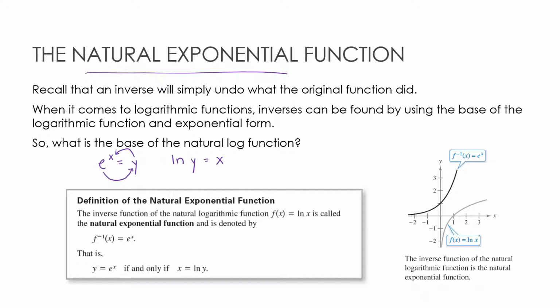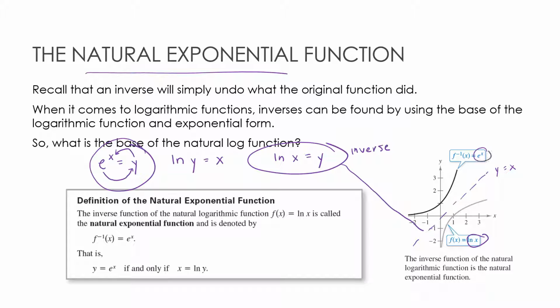Now we also know, if we're looking at an inverse, then we are going to simply replace x with y and y with x. So this is the inverse function for my natural log function, and you can see in my little picture over here, remember this is the line y equals x, that this guy is the natural log of x and this guy is the natural exponential function, and those are in fact inverses of one another.